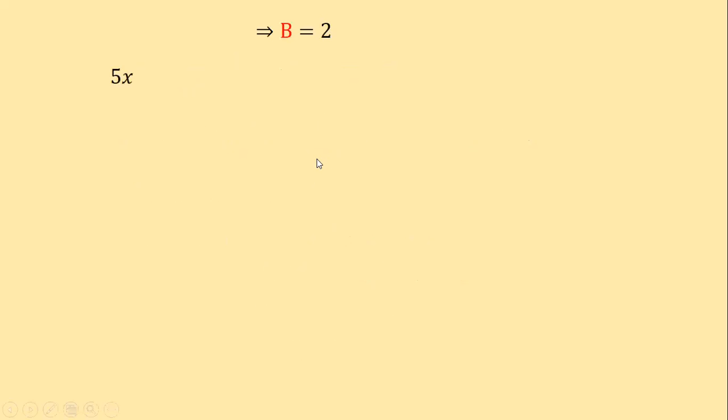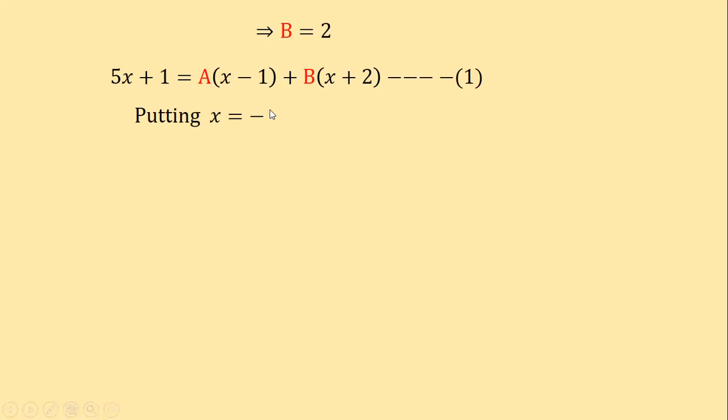5x plus 1 is equal to a into x minus 1 plus b into x plus 2. This is the equation we have. Here we are going to write putting x is equal to minus 2 in equation number 1. So 5 into minus 2 plus 1 is equal to a into minus 2 minus 1 plus b into minus 2 plus 2.